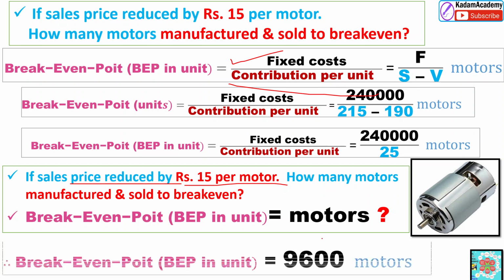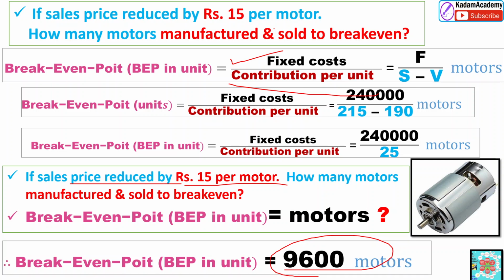So friends, here is the final answer. 9,600 motors we have to manufacture to break even after reducing the sales price.